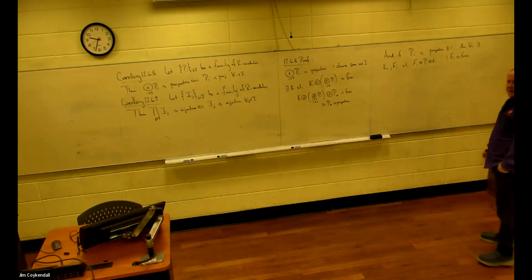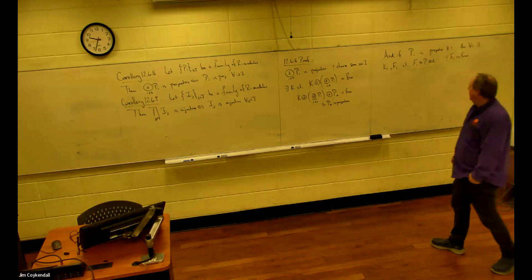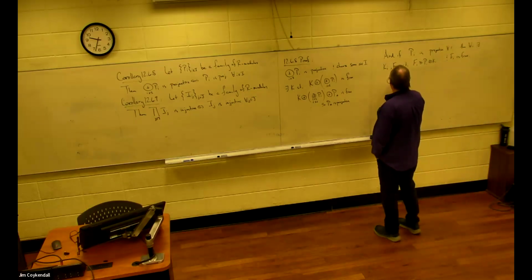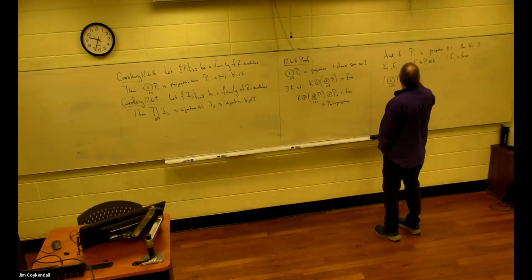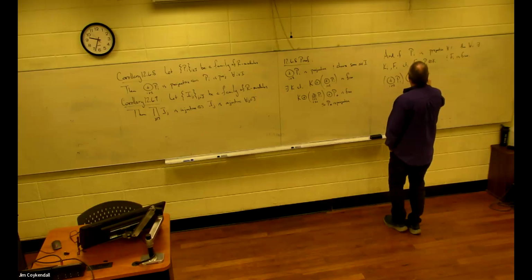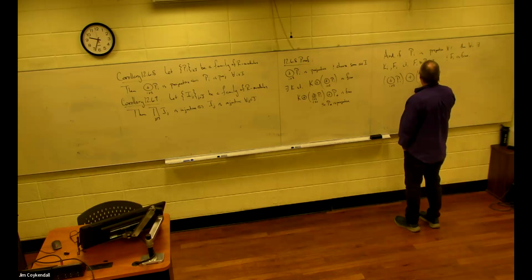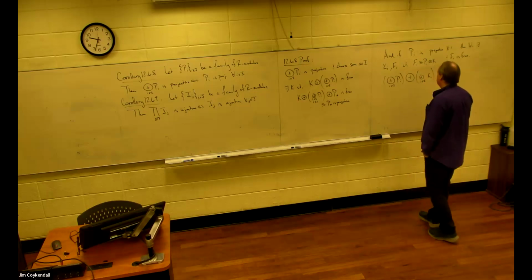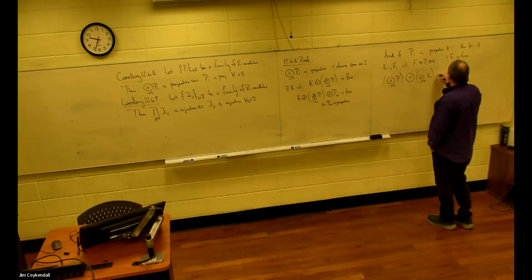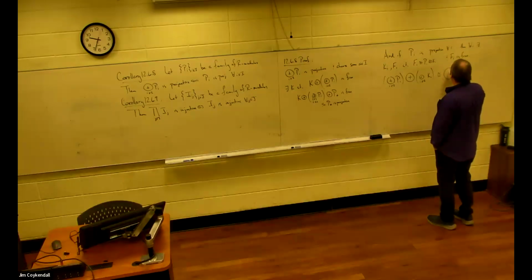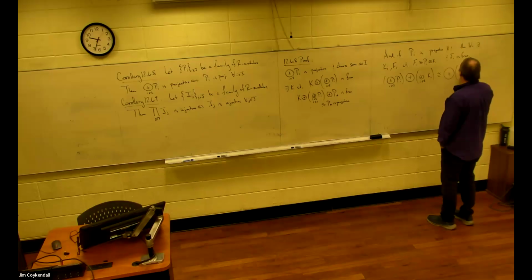This just takes into account that all the little P_i work. And if you look here, you take the direct sum of P_i direct sum K_i. This is isomorphic to the direct sum of P_i direct sum K_i.